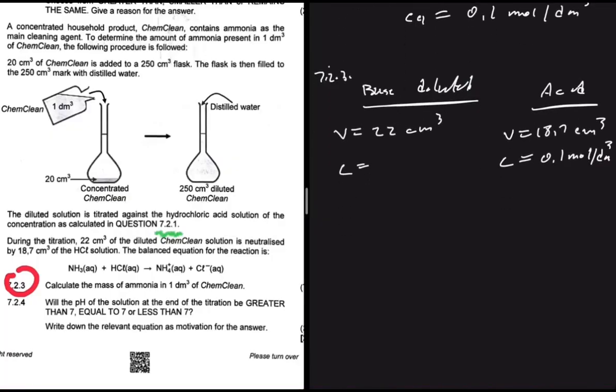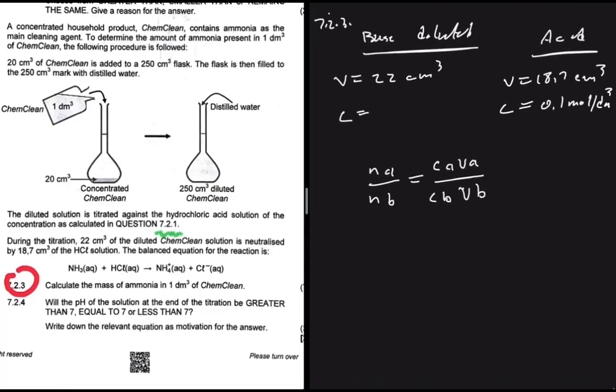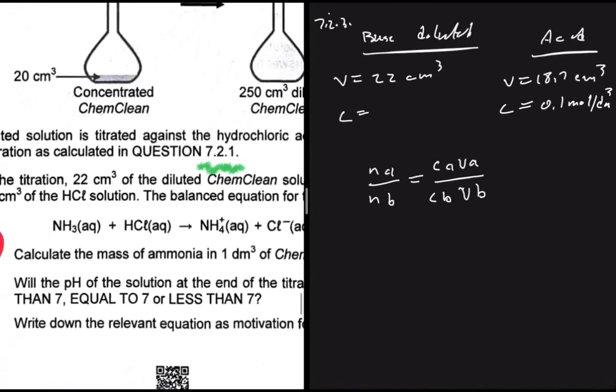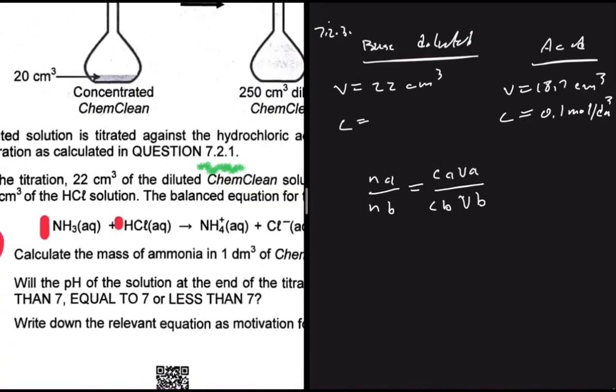So if we go ahead and do that, we can say that the number of moles of acid divided by the number of moles of base is equals to concentration of acid, volume of acid divided by concentration of base multiplied by the volume of the base, right? So again, the balancing coefficients, here we have a 1:1, right?